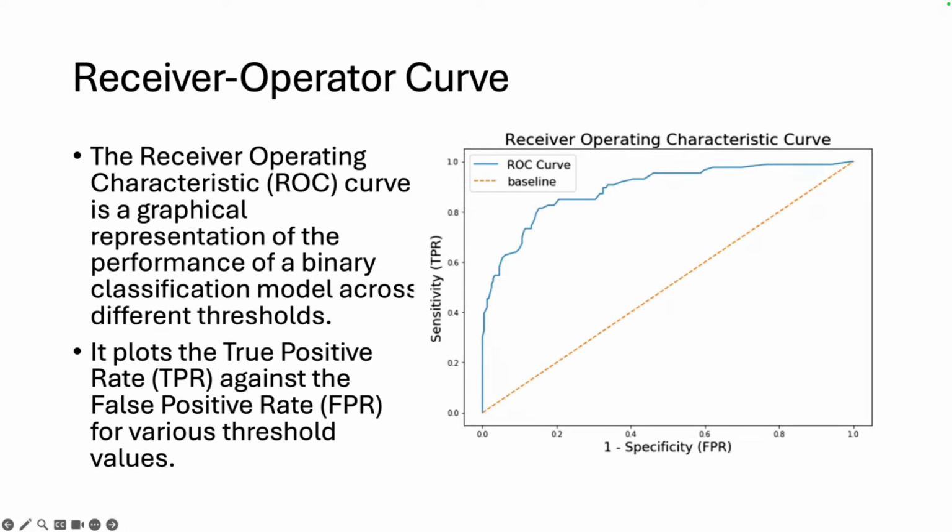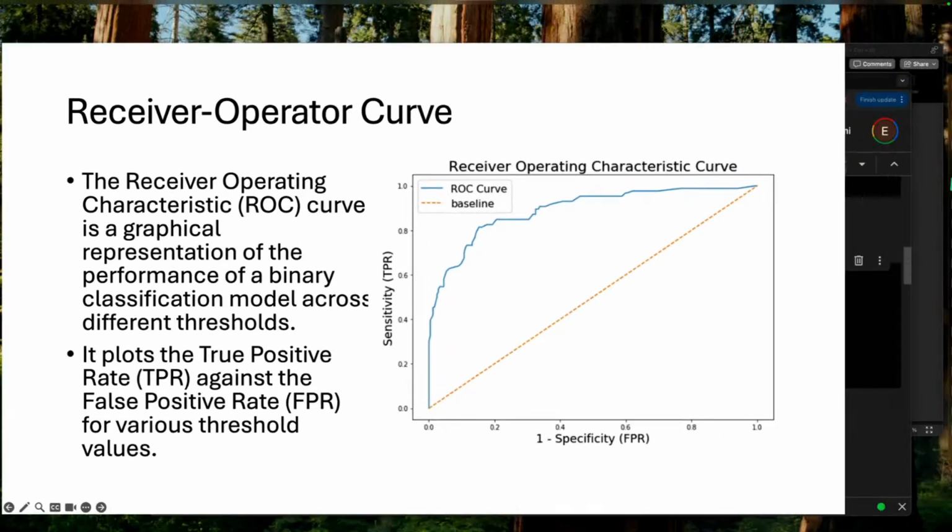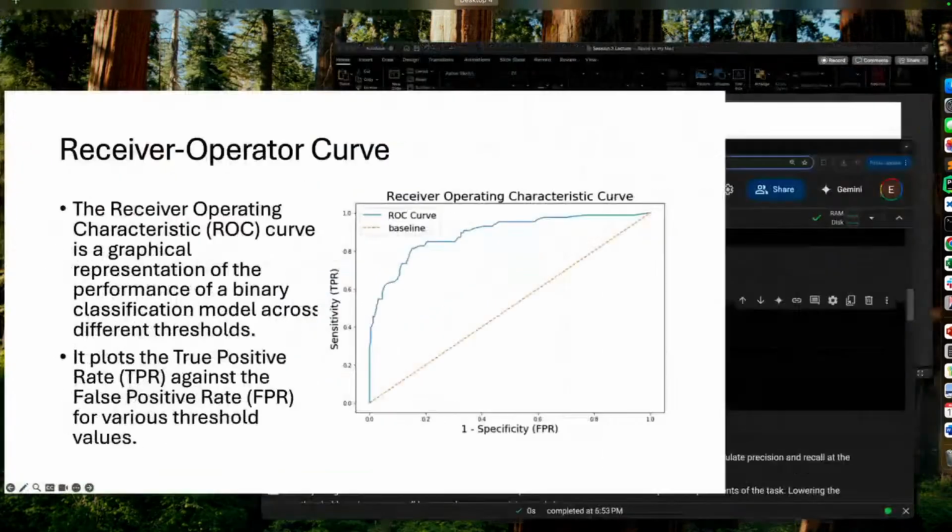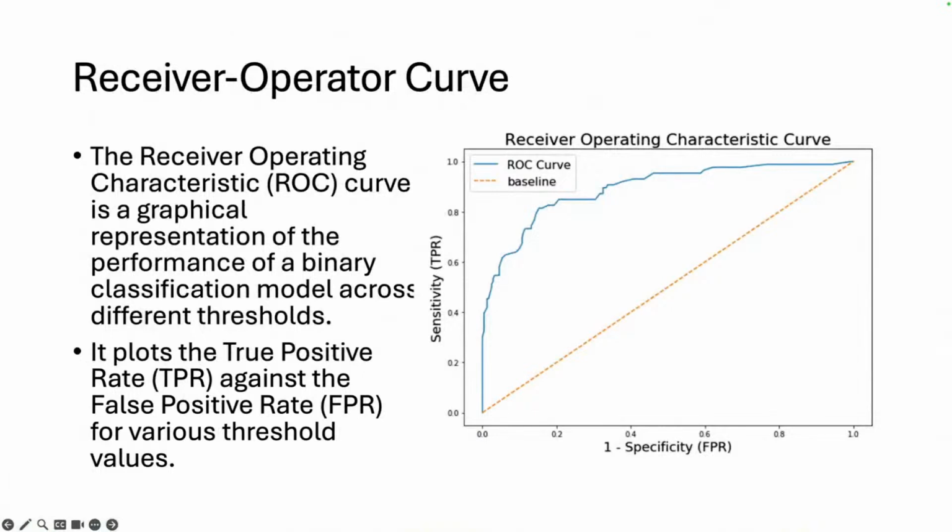Now that we understand that we can get different performance metrics at each threshold, your next natural question might be, well, what if we just evaluate the model at every threshold? On our whiteboard behind us, we did the accuracy at 0.1, at 0.5, at 0.9.